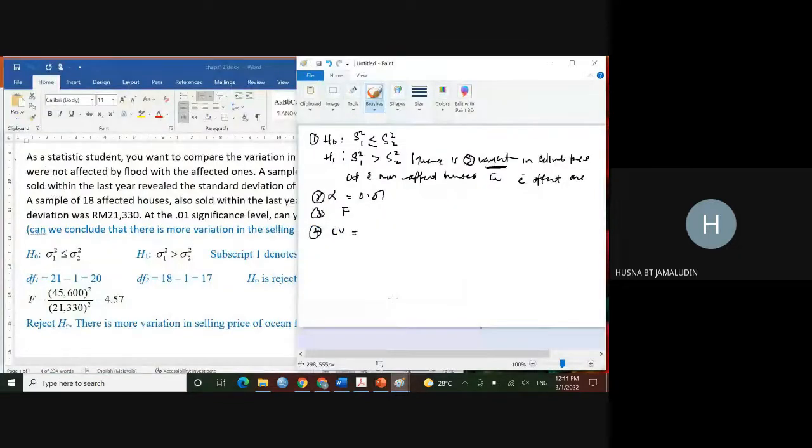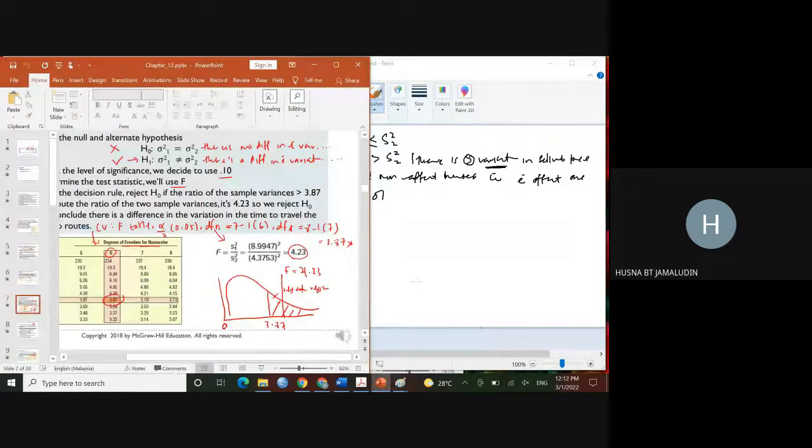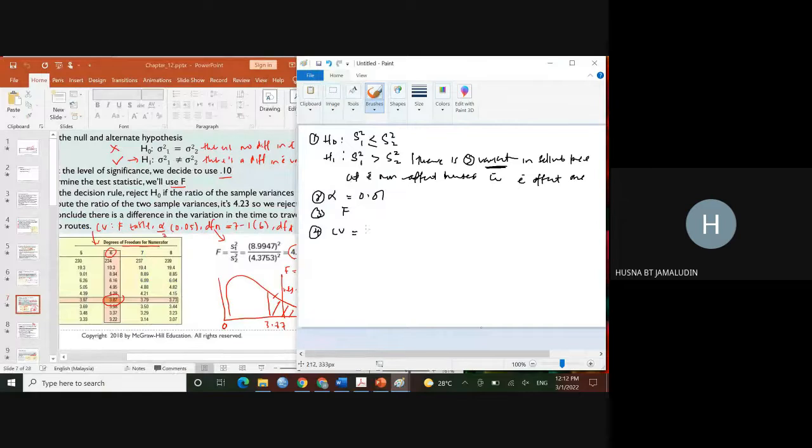Let me write the steps so that you can see everything. Your alpha is 0.01, this is the 1% table. The degree of freedom for the numerator is n minus 1.